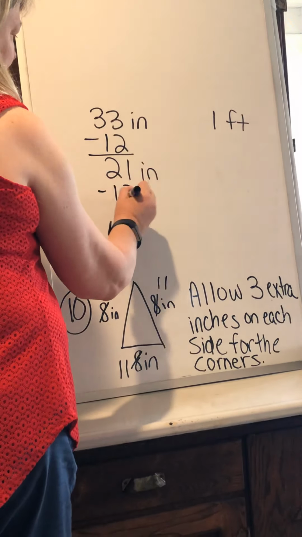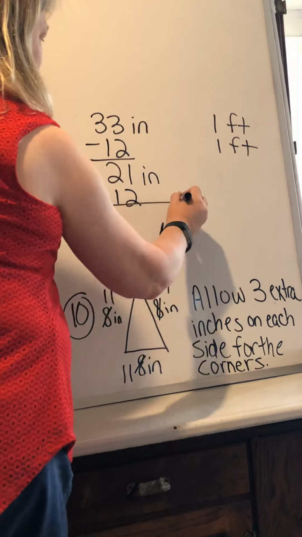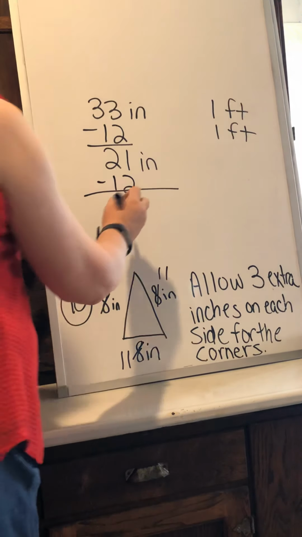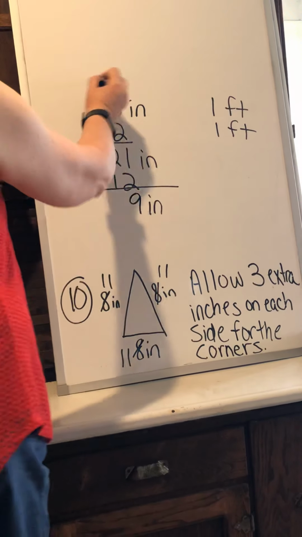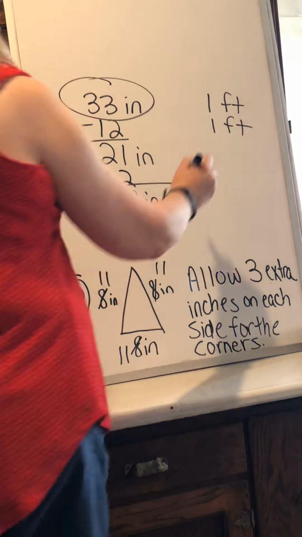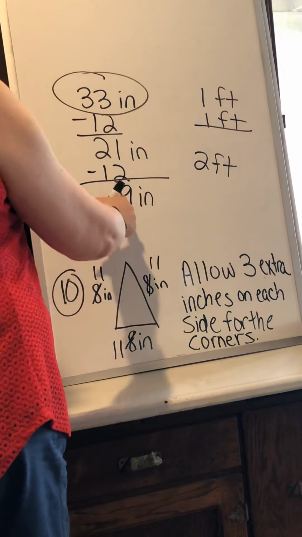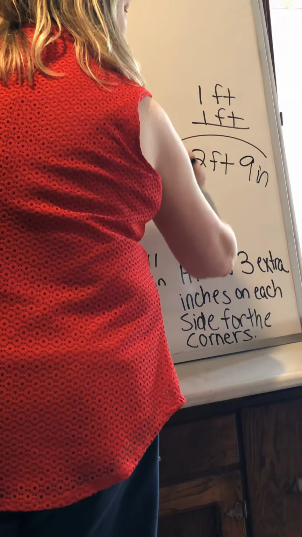Let's take away 12 again. We're going to tack on another foot over here. How many inches are left over? It looks like we got 9 inches. So altogether, you could answer 33 inches or 2 feet and 9 inches. So either answer is correct for now, okay?